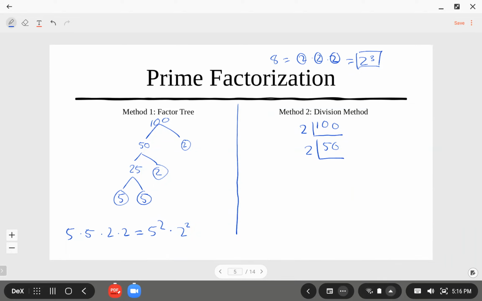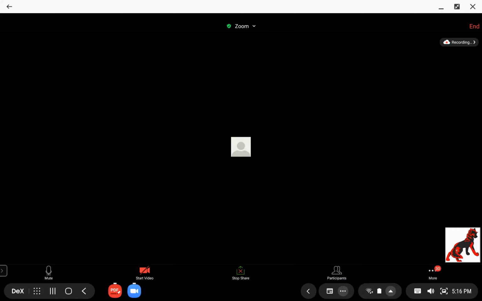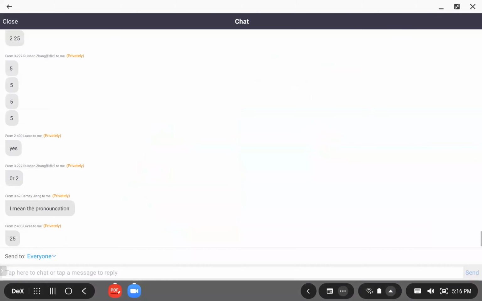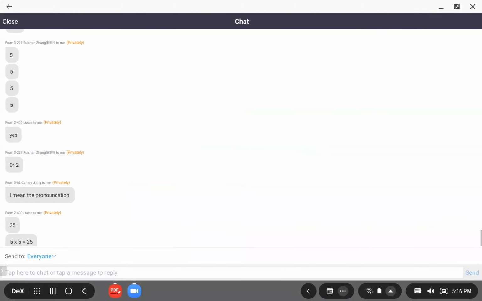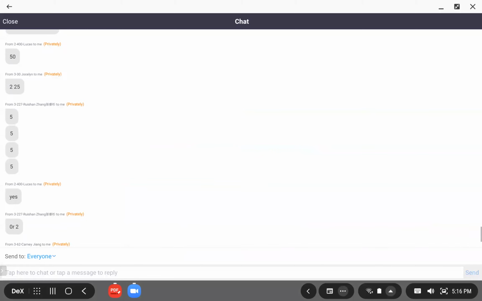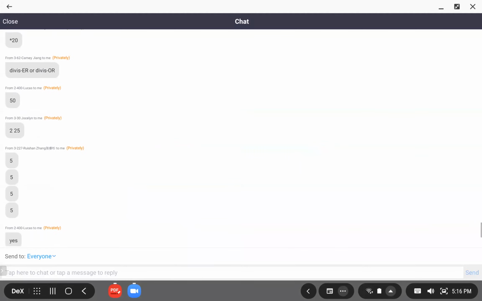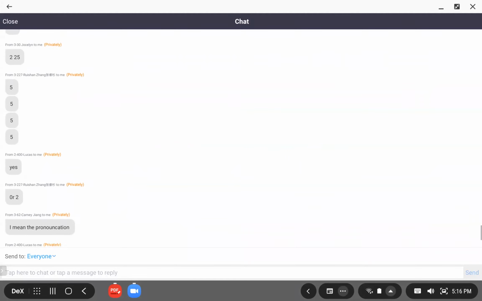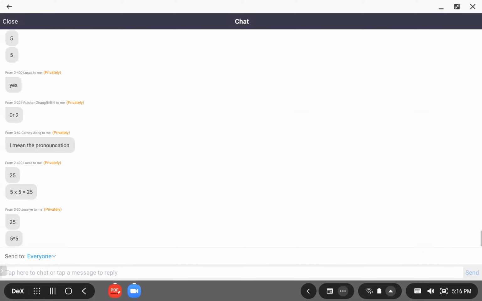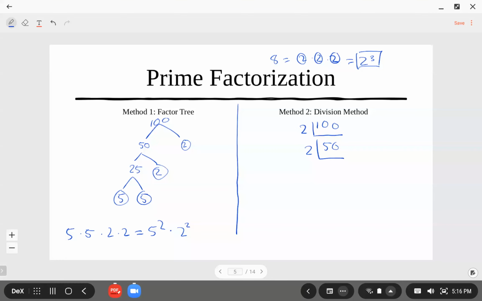Okay, so I've started the division method here. Can you guys finish it? Who can finish? Please try to finish this problem using the division method.